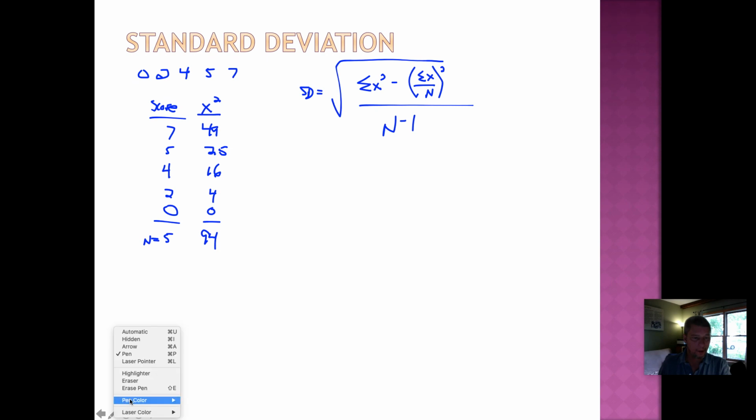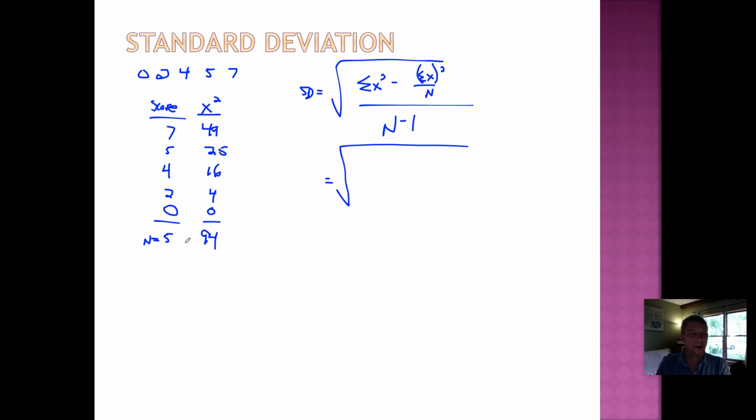Now, I did make a mistake with this, I can't remember if I did this right in the last calculation, but you can go back and check this.